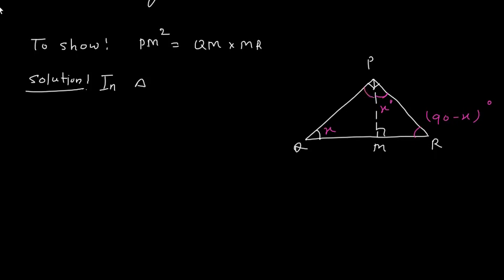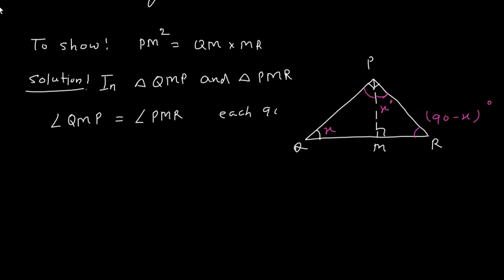So in triangle QMP and triangle PMR, angle QMP is equal to angle PMR, each 90 degree, and angle MQP is equal to angle MPR, each x.